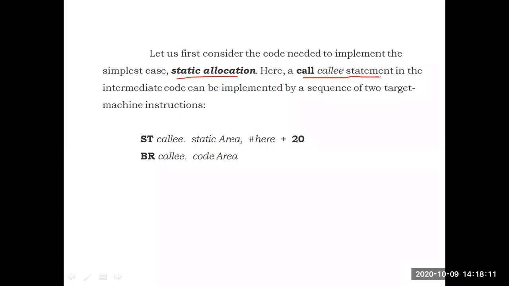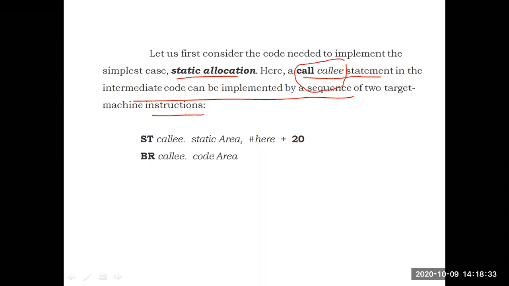When we take the statement call callee, what is the meaning of this? The call statement is nothing but calling the other function. Whatever function we want to call, the statement call callee is intermediate code that can be implemented by a sequence of two target machine instructions.